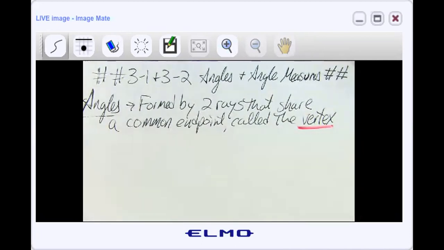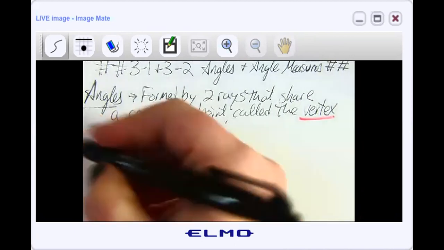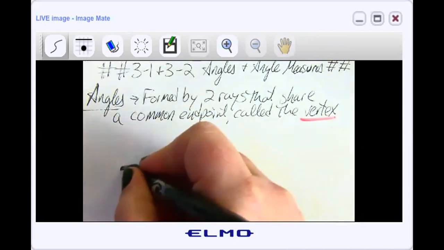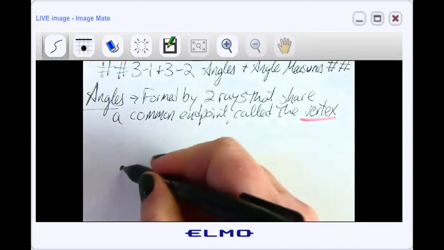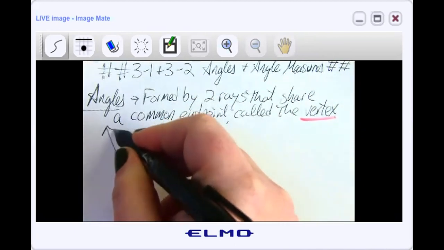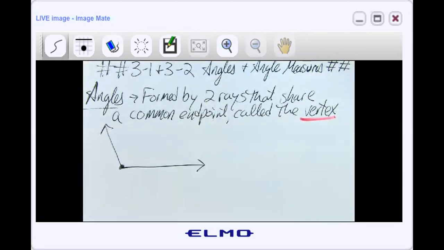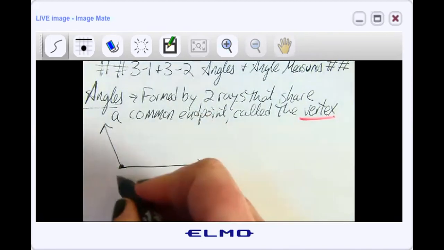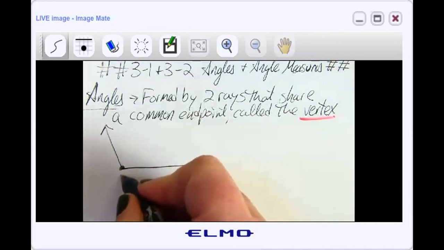Okay, so let me go ahead and draw you one, and then we'll talk about how to name it. So I have some common endpoint, and then you're going to have two rays coming off of that. So that common endpoint right there, we just said that that's going to be called the vertex.